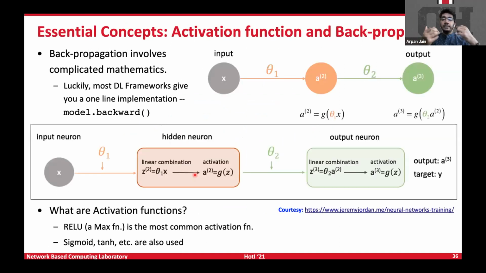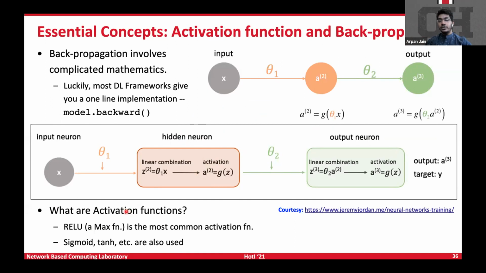However, we know that in the real world, we have non-linear relationships. So how can we map the non-linear relationships using deep neural networks? This is where the activation functions come in. Activation functions introduce the non-linearity into the deep neural network.